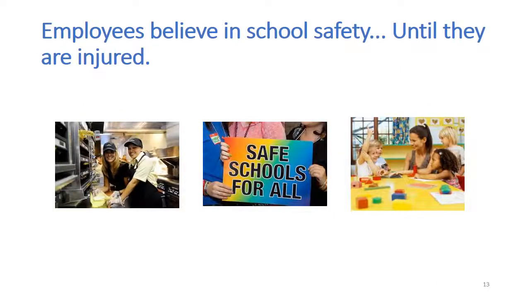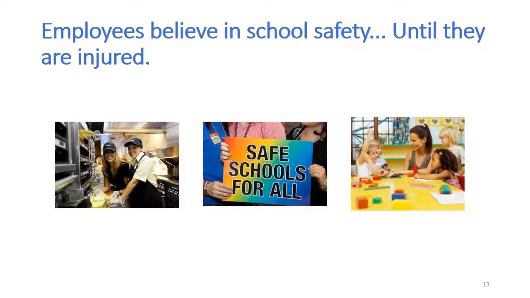School employees believe in school safety until they are injured. Why? They believe in safety because their school district leaders constantly tell them that safe schools are for everyone. School districts must work through their employees to create and maintain an environment of emotional and physical safety for students.